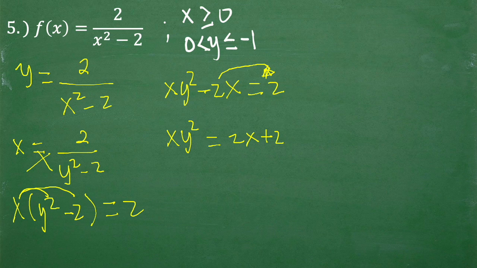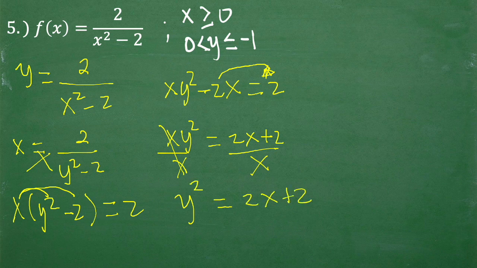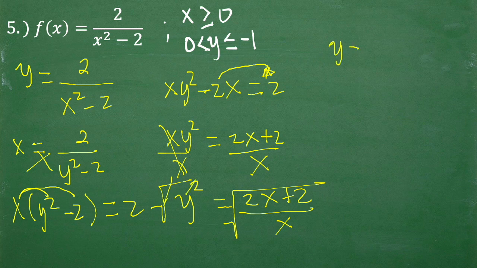Then we can divide both sides by x. We have canceled that one. So y squared equals 2x plus 2 over x. And then we can simply take the square root of both sides so that we will be left with y equals the square root of 2x plus 2 over x.